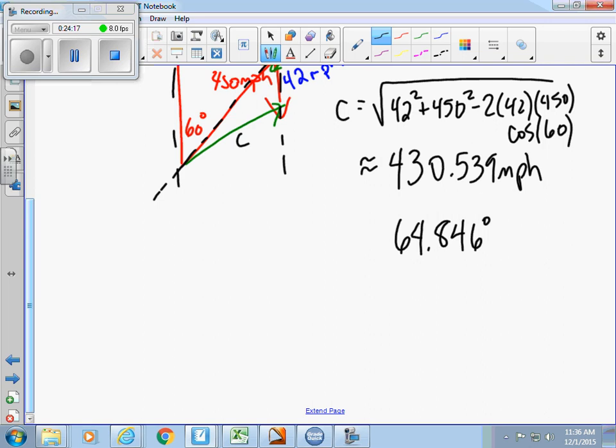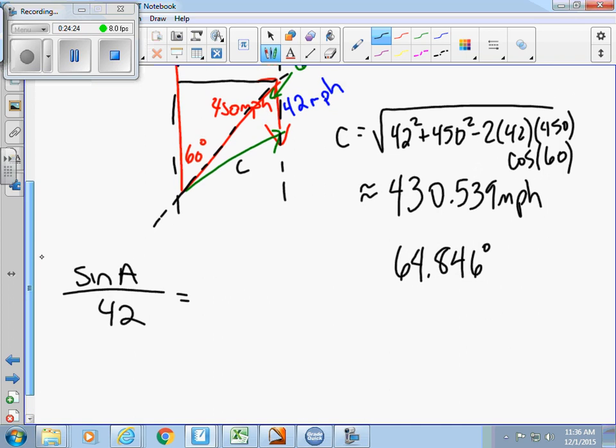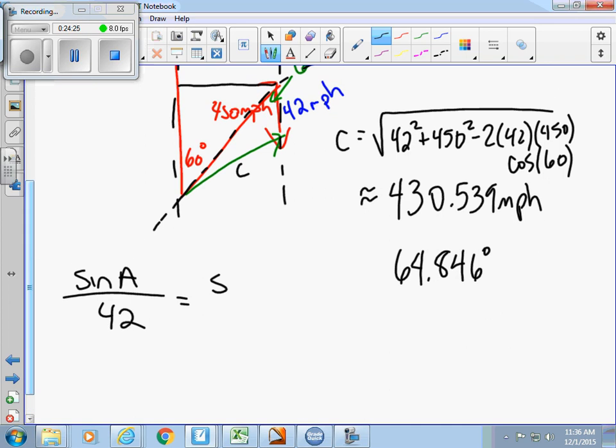So we'll do the sine of A over 42. You set it up that way. Try it again.